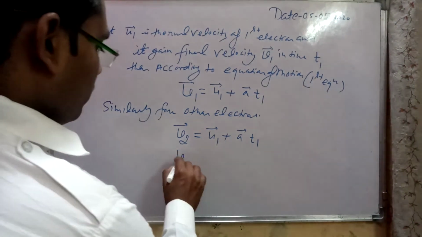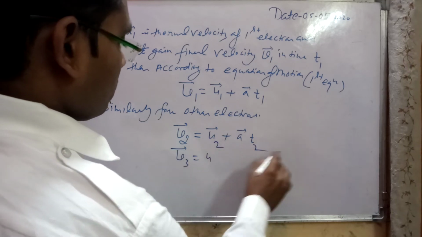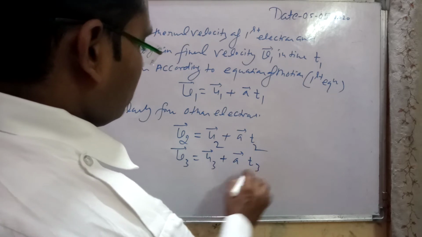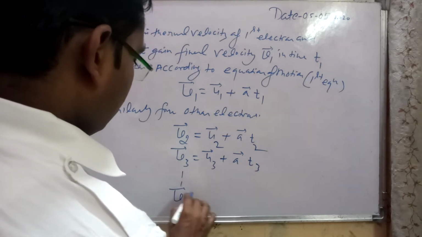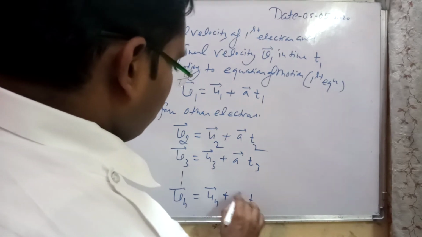So for the third electron, u3 plus a t3, and for the nth electron it is un plus a t.